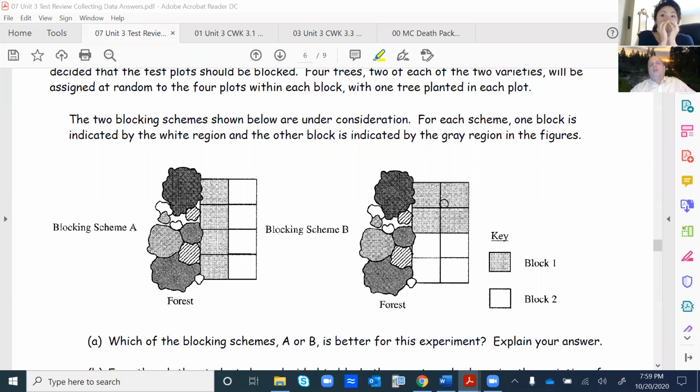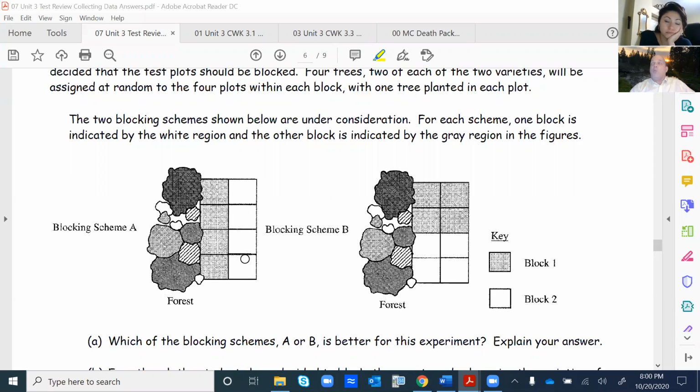Here, in this block, we have 2 that are next to the forest, and we have 2 that are away from the forest. Here we have 2 that are next to the forest and 2 that are away. So these blocks are not similar, whereas this block right here, everything's next to the forest, which is similar.